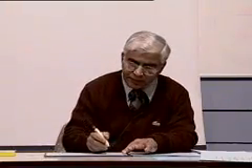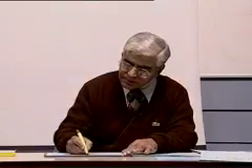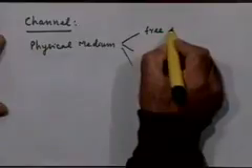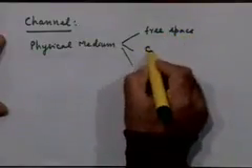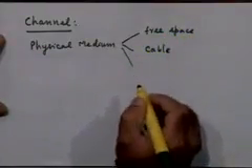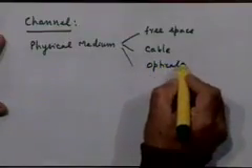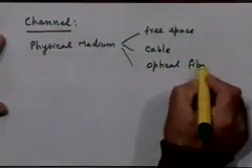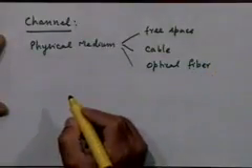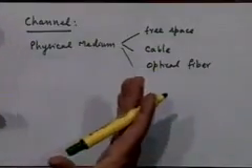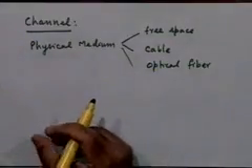Let me give you a few examples of this physical medium. You could have free space, you could have cable, you could have optical fiber, various kinds of physical mediums.